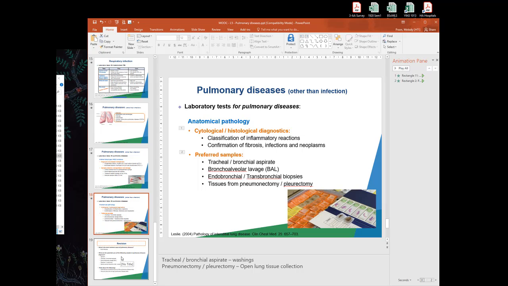Samples will be sent to the anatomical pathology lab to perform cytological or histological tests. Cell blocks and tissue slides will be prepared by medical technologists. Pathologists will examine the cell morphology and test results to make a diagnosis.